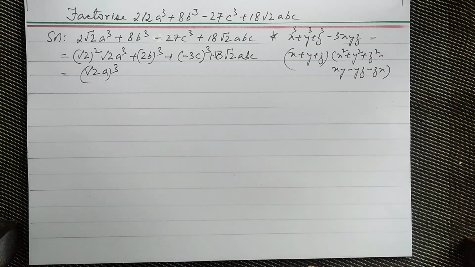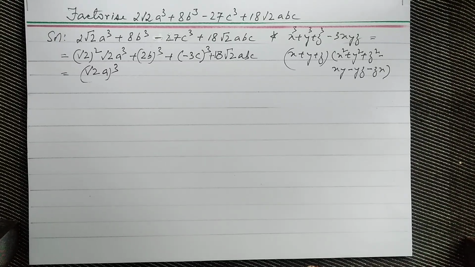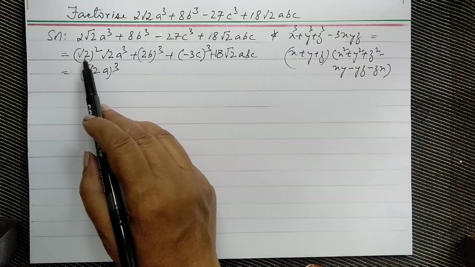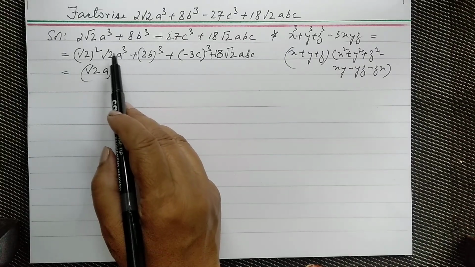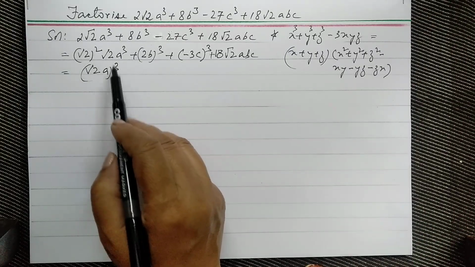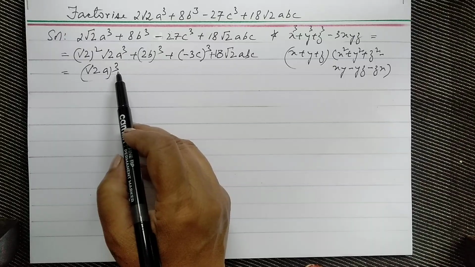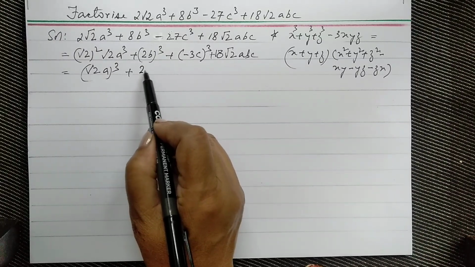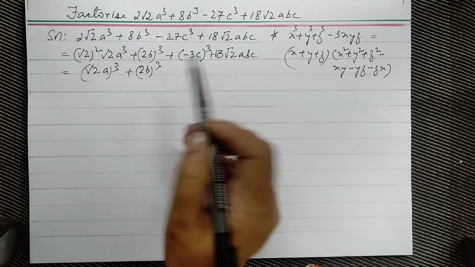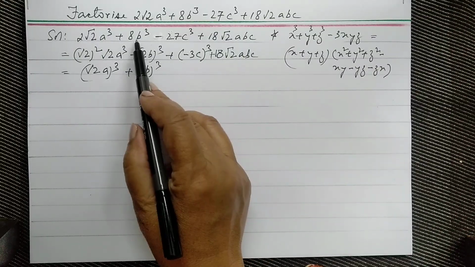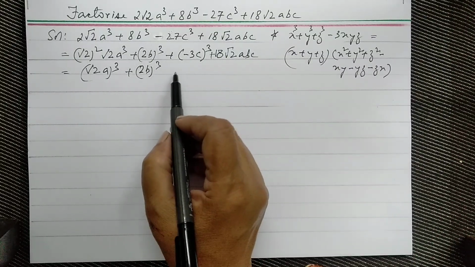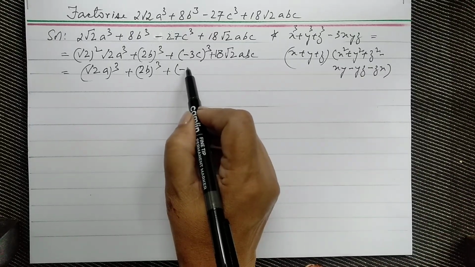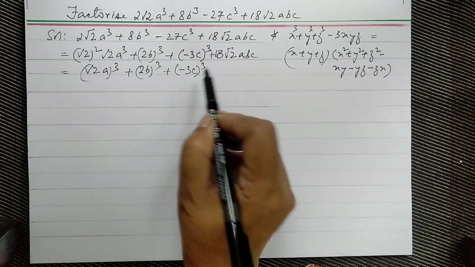So we have this as a final look of it. Root 2 to the power 3, because we have 2 here and 1 root 2 here, and a cube. So all under the banner of a cube. Here we have 2b whole cube, which is equal to 8b cube. And here we have in bracket minus 3 whole cube.